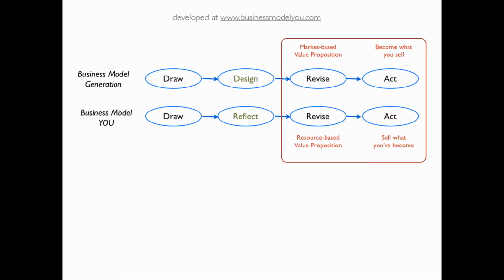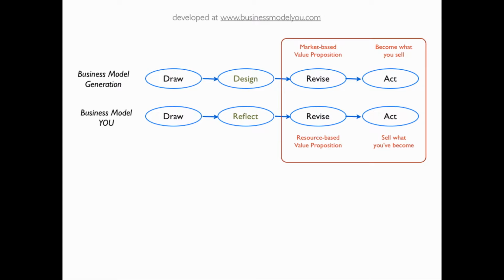So both books have internet communities. Business Model U has one called www.businessmodelU.com. And we were discussing these differences between the two books. Tim Clark actually contributed most of this graphic.